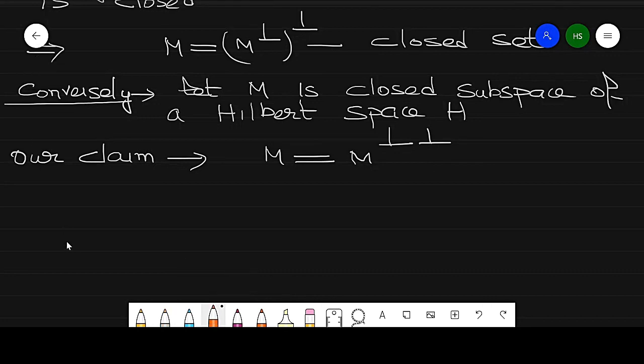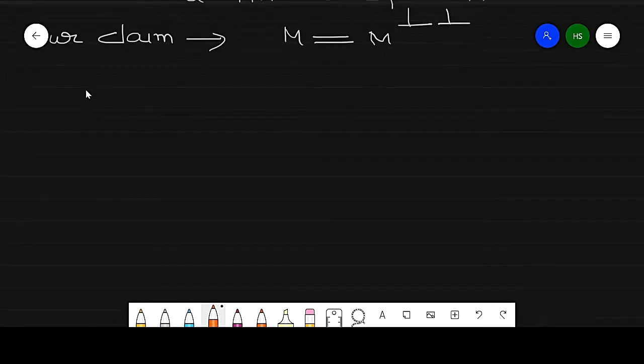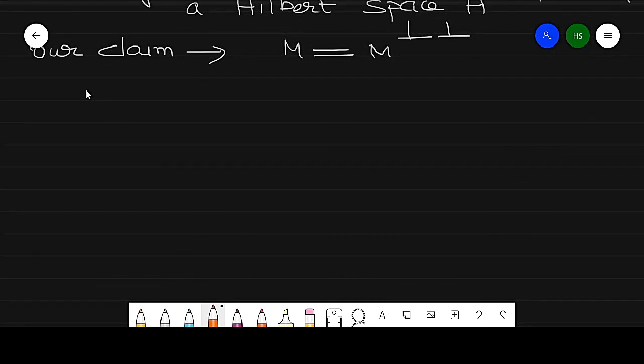So my aim is M equal to its double orthogonal complement.